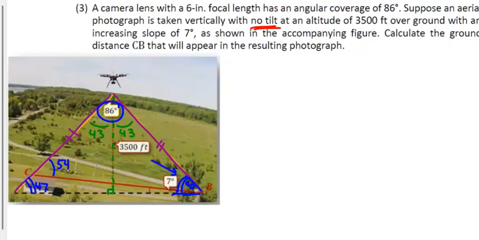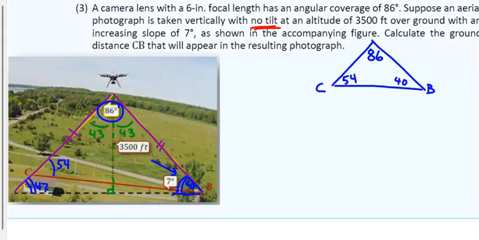So I'm going to turn the video off, redraw the triangle, and then I'll turn the video back on. So we have all three angles of the triangle that includes CB. We are told that the length from here to here is 3,500.